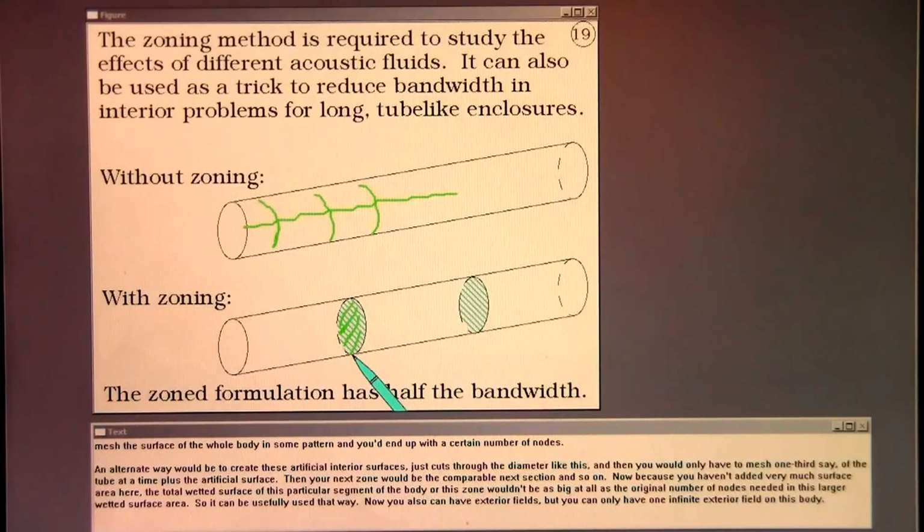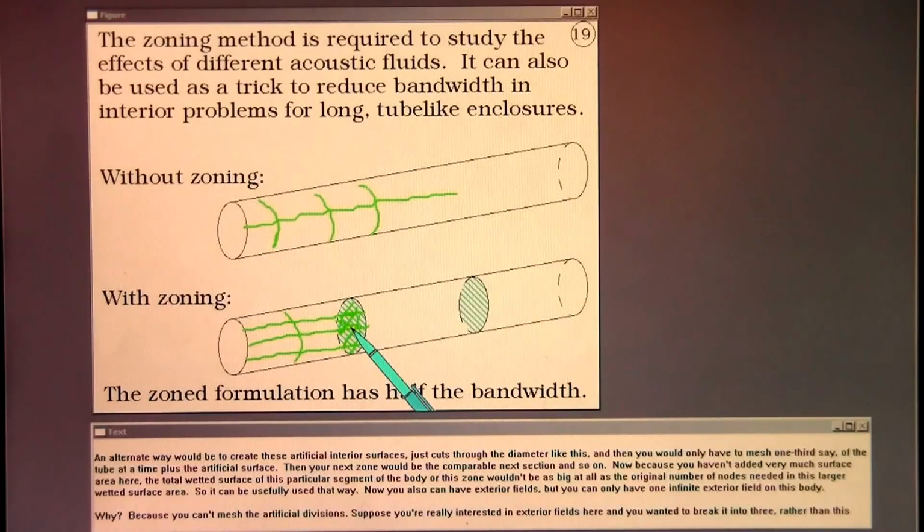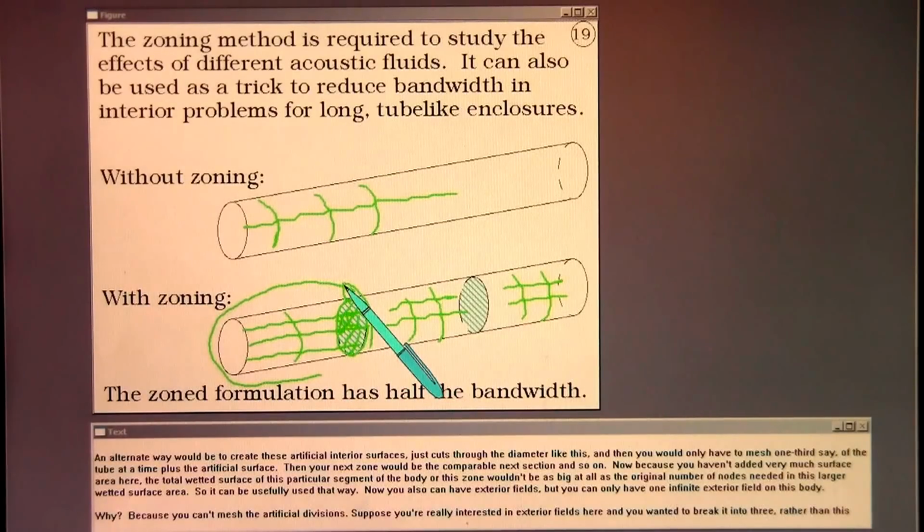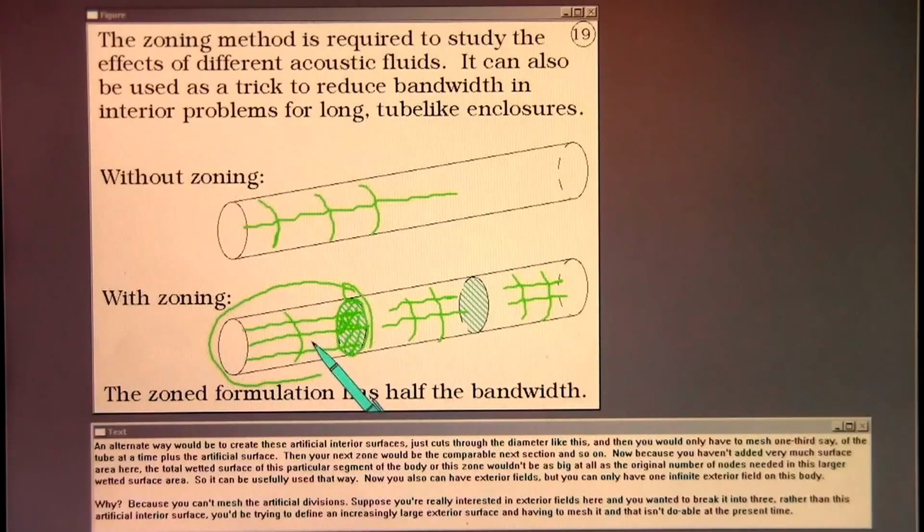And then you would only have to mesh one third, say, of the tube at a time, plus the artificial surface. Then your next zone would be the comparable next section, and so on. Now, because you haven't added very much surface area here, the total wetted surface of this particular zone wouldn't be as big at all as the original number of nodes needed in this larger wetted surface area. So it can be usefully used that way.